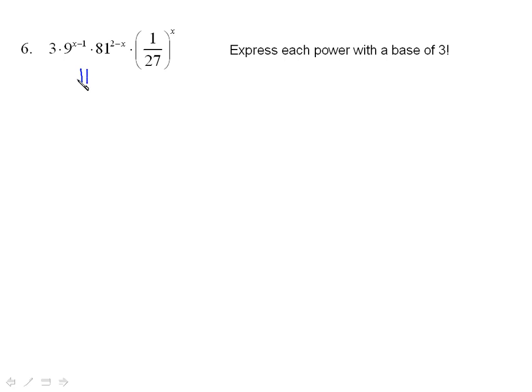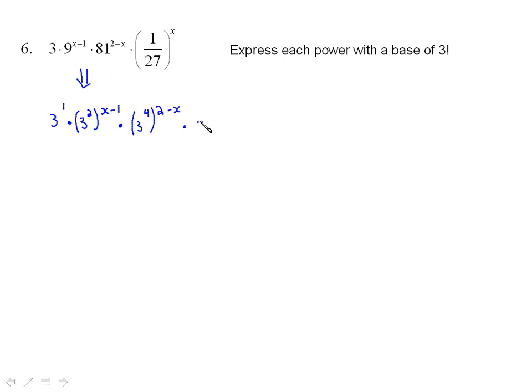So let's do that. This becomes 3 to the 1 times 9, which is 3 squared, to the x minus 1, times 81, which is 3 to the 4, raised to the 2 minus x.